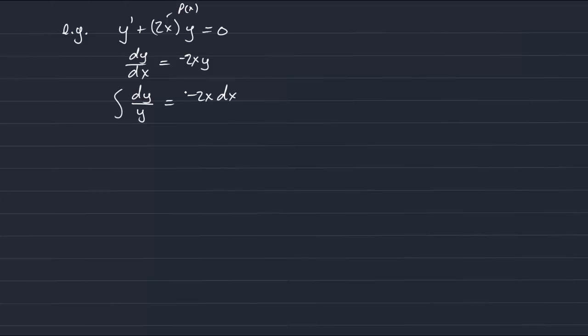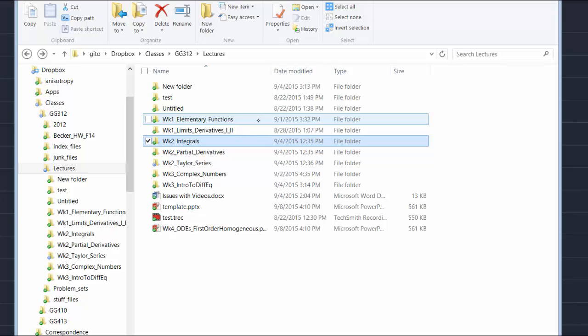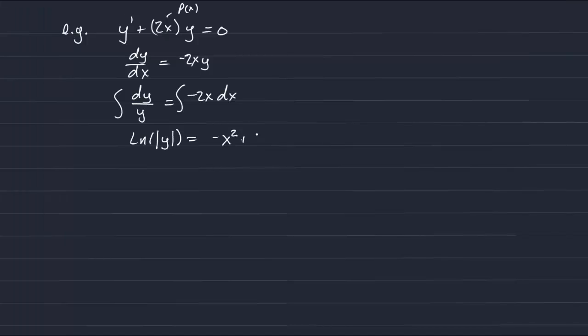And if we integrate that equation, we get the log of the absolute value of y is equal to the integral of minus 2x, which is just minus x squared, plus a constant.